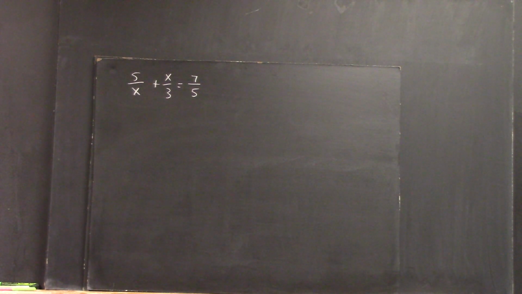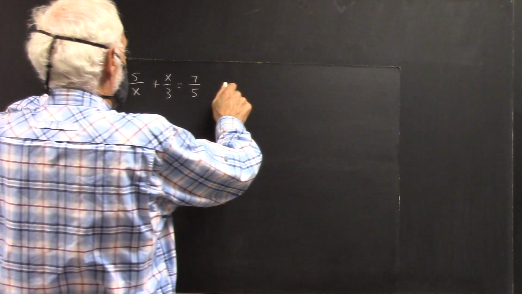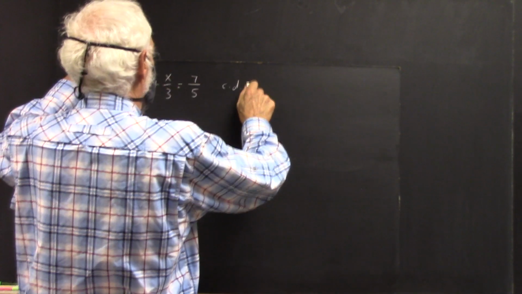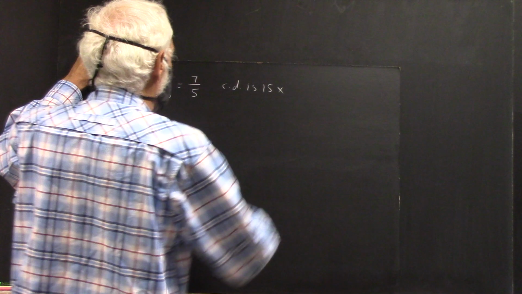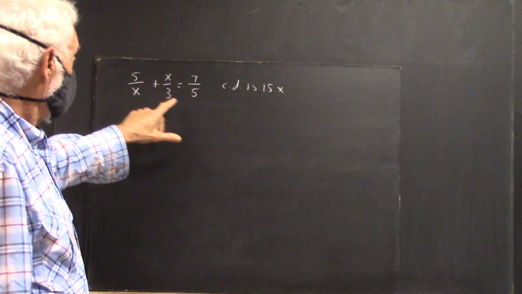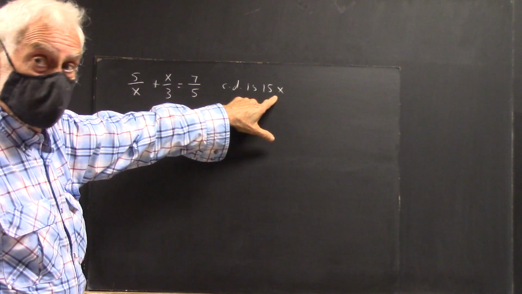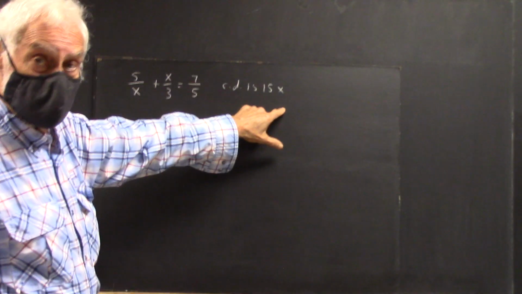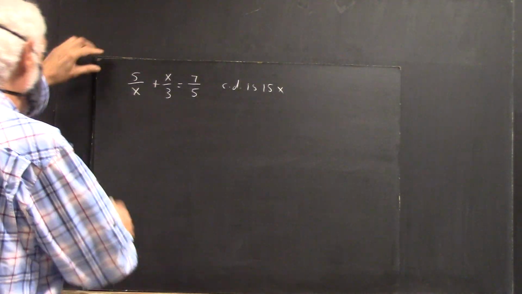Okay? Common denominator is 15x because x is part of 15x. 3 goes into 15, 5 goes into 15, right?